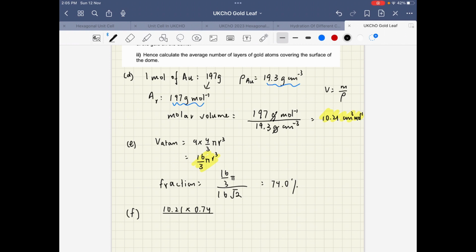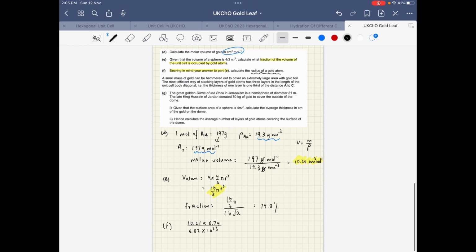So this is the actual volume of atoms, and because this is in 1 mole, I want to find the individual atom's volume, so I will need to divide by 6.02 times 10 to the power of 23, and then this will give me the volume of one gold atom. So that's 1.255 times 10 to the power of negative 23 cm cubed.